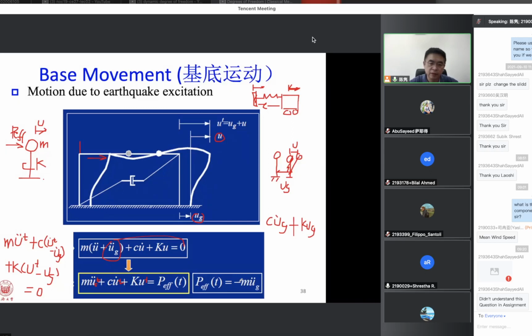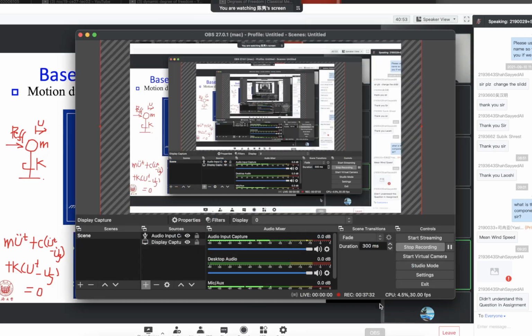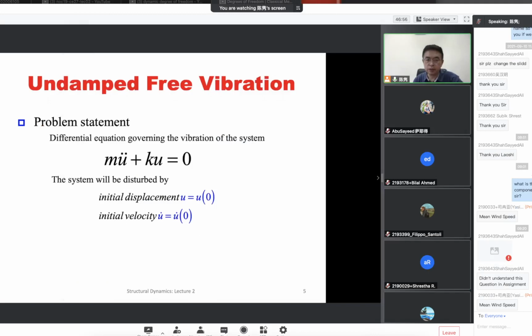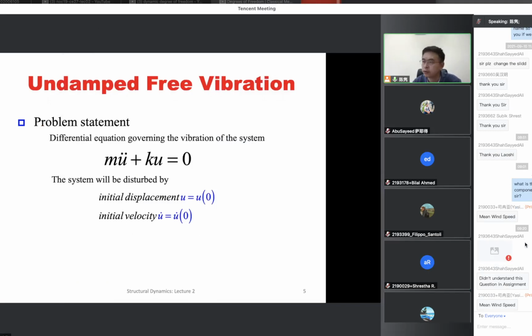Shall I ask one more question? Please make it short. You have written m u double dot t plus c u dot t plus k u equals P effective, and I think there is initial displacement or initial velocity for the system at time instant zero.